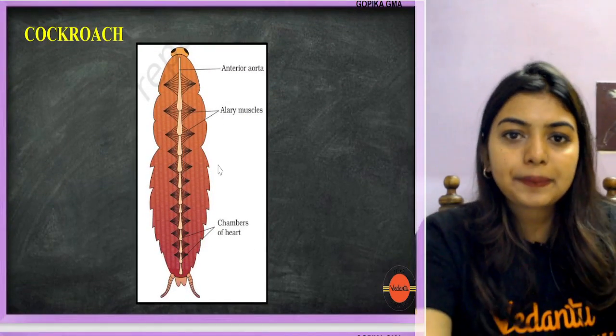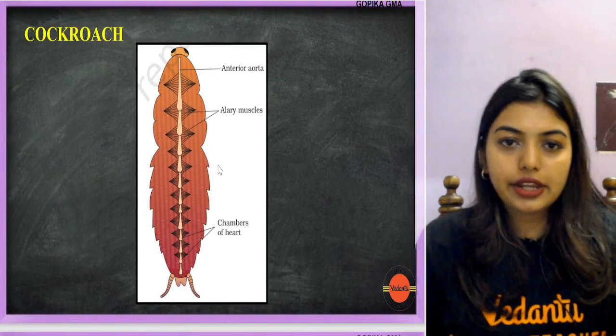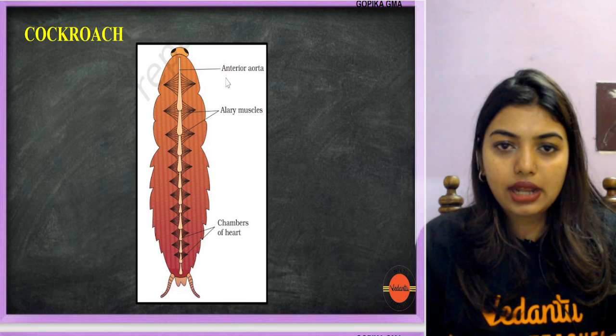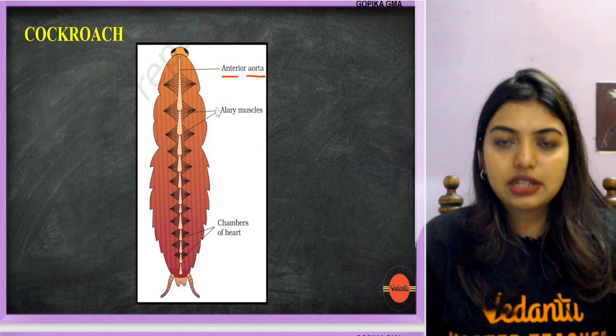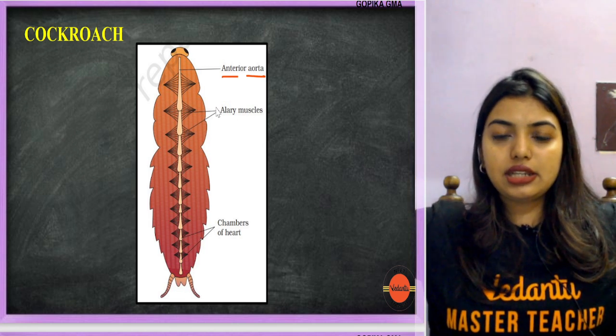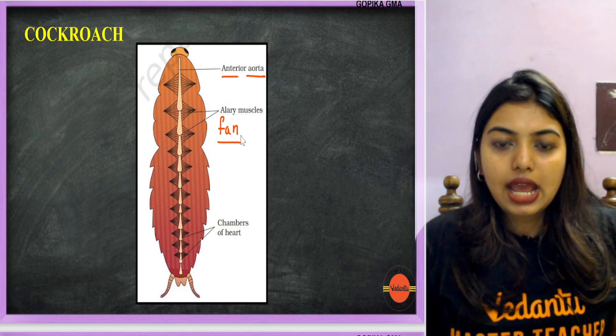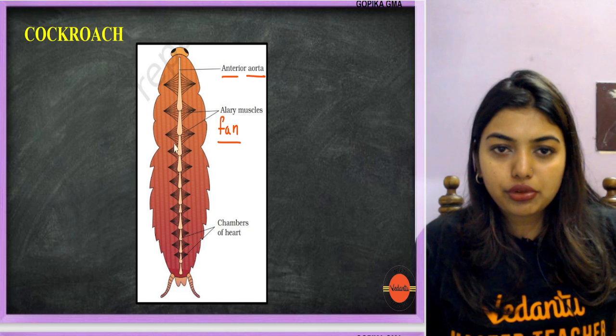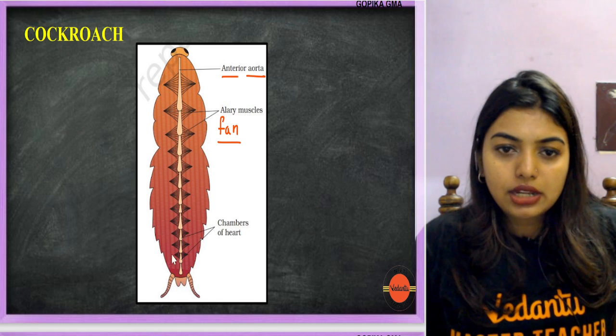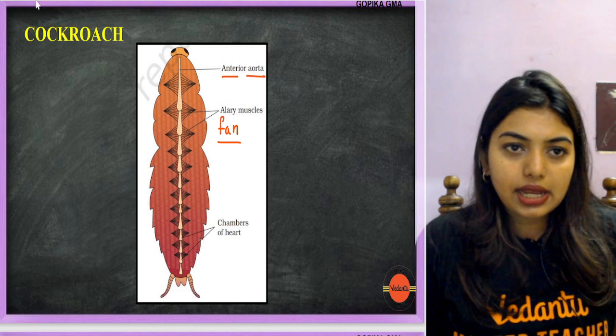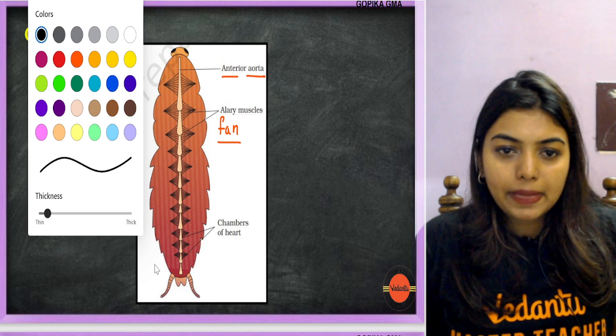See, look at this. The anterior aorta is here, which is the main aorta, and then they have alary muscles. Can you see them? Not funnel, fan shaped muscles, and then you can see the chambers on the heart. Now you can imagine from the sinuses, these are the spaces.